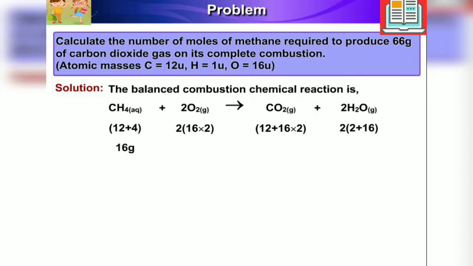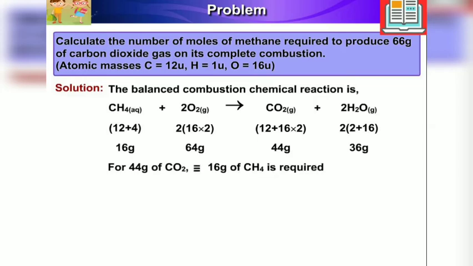That is, 16 grams of CH4 plus 64 grams of 2O2 gives 44 grams of CO2 plus 36 grams of 2H2O. For 44 grams of CO2, 16 grams of CH4 is required.